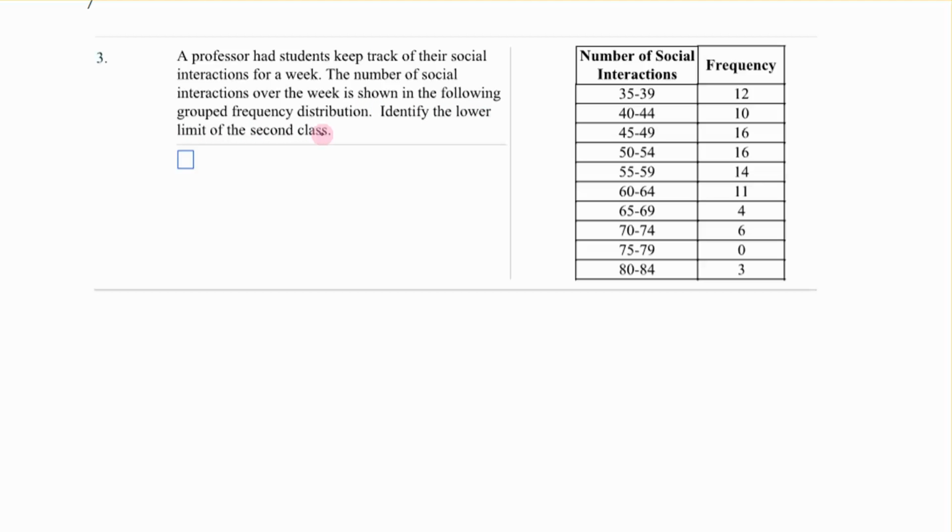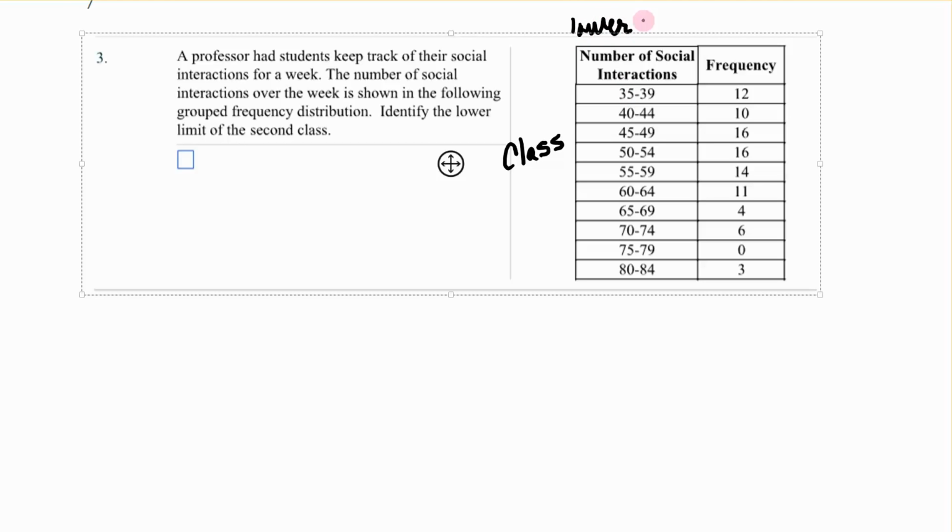All right, so a little bit more definitions. Each one of these is a class. The small value is the lower limit, and of course the big one is called the upper limit.